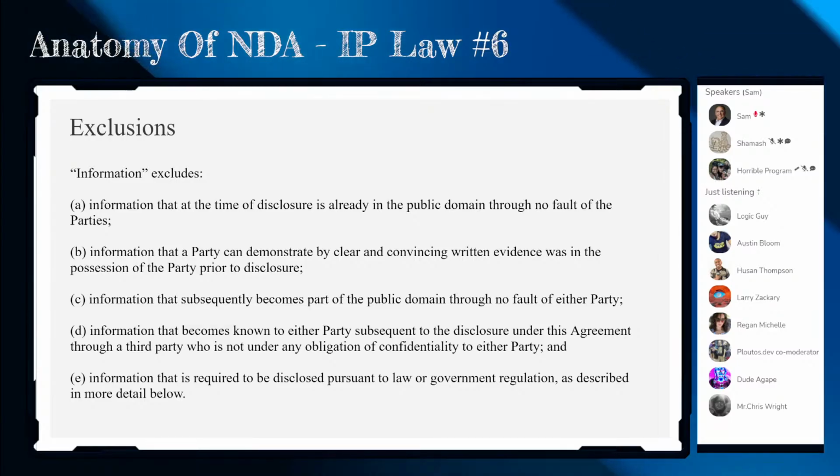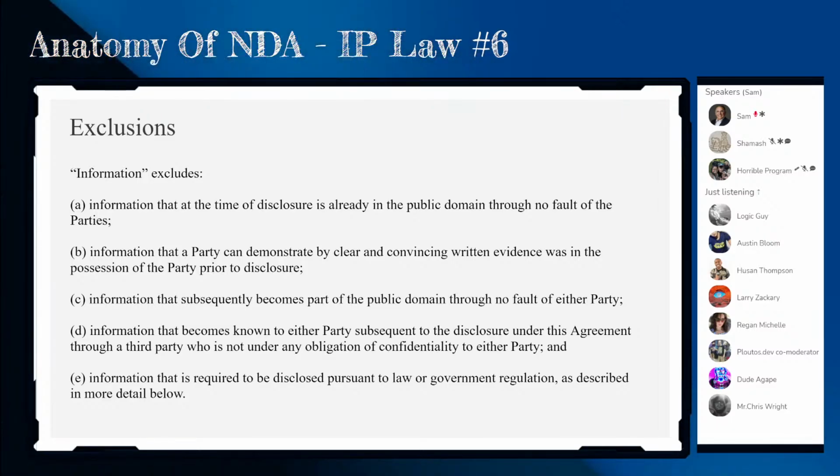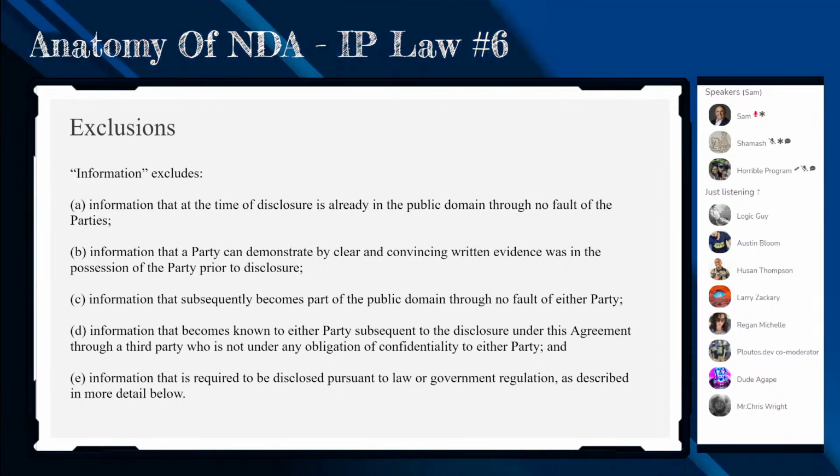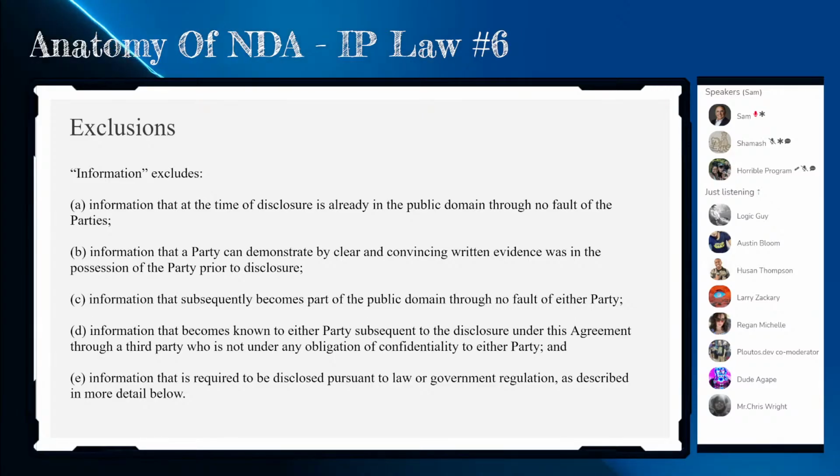And the information that becomes known to either party afterwards, and information that is required to be disclosed pursuant to law or government regulation, as described in more detail below. So Section E is basically saying if I'm getting sued by a third party, and in order to defend myself, I have to use this confidential information to defend myself, I'm allowed to disclose that.